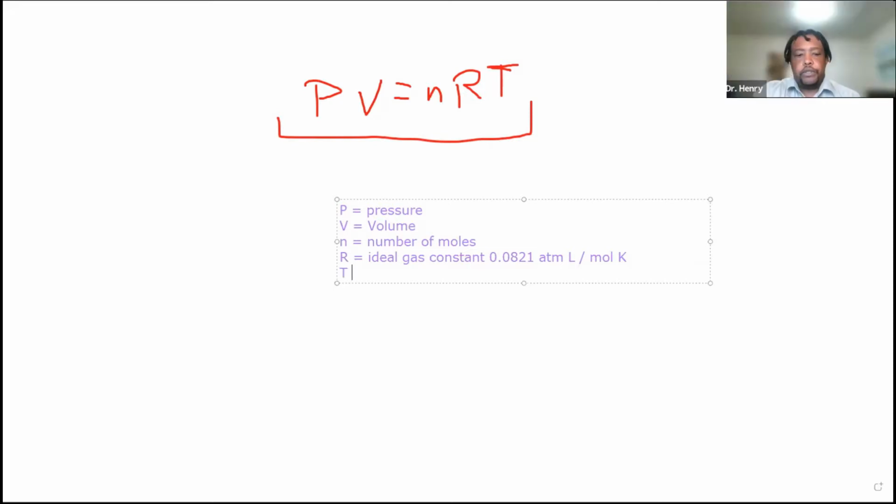And T is going to be temperature in Kelvin.